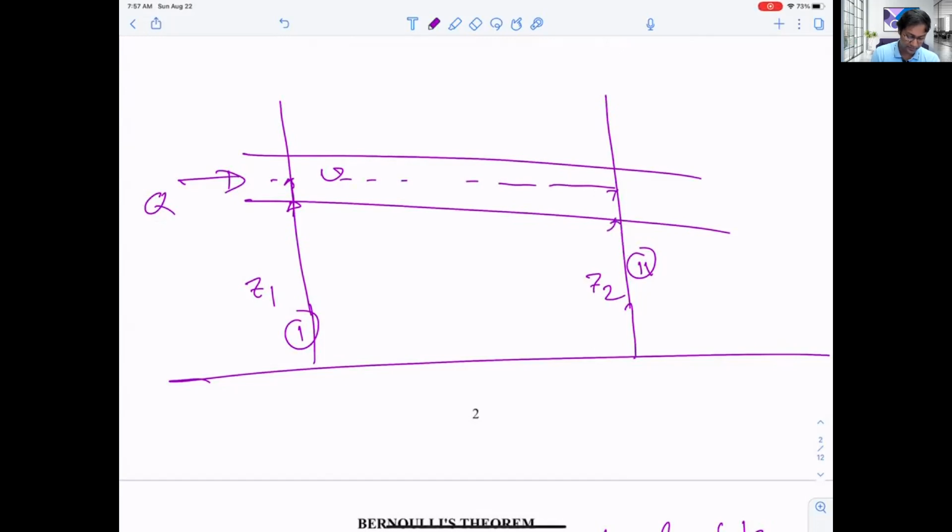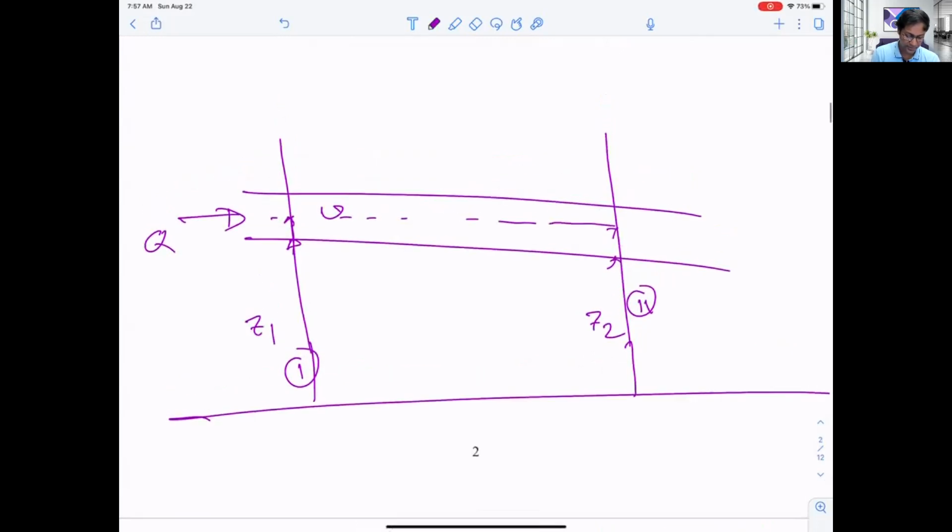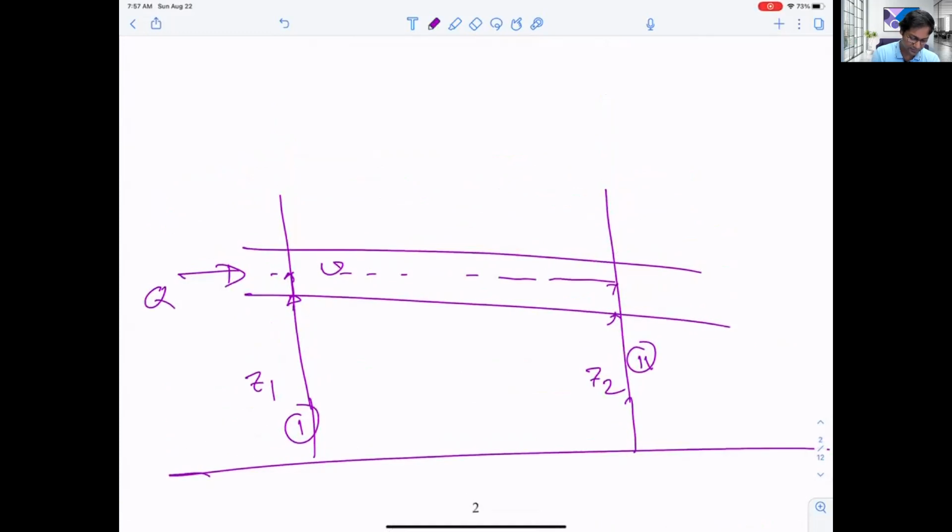And then we'll have what? Pressure head. If we insert this type of tube here, and that type of tube here, water will be here, and for this case water will be here. So that is the pressure head. We can say this is P1 over gamma, and that will be P2 over gamma.